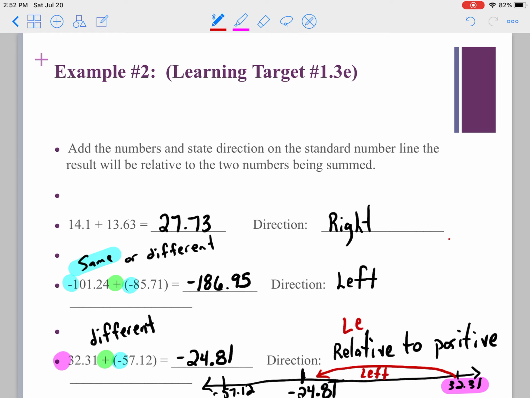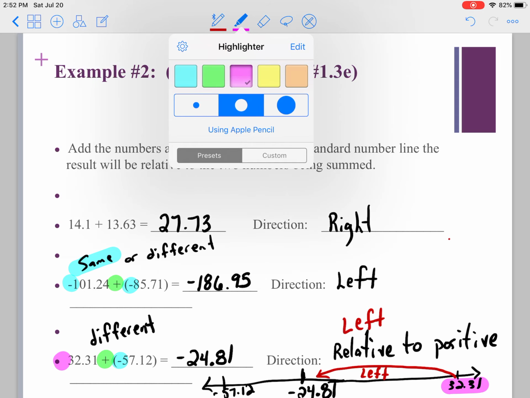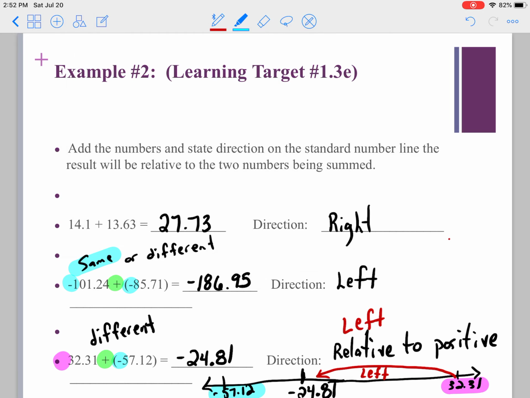So we can say that the direction that we move relative to the positive number is to the left. Relative to the negative number, we moved to the right for our result.